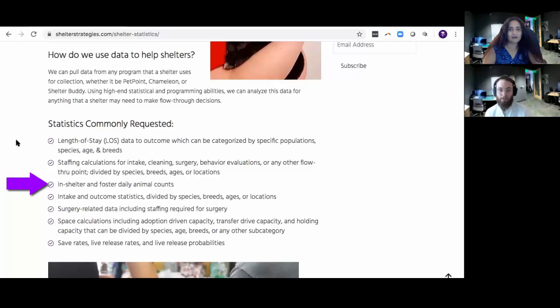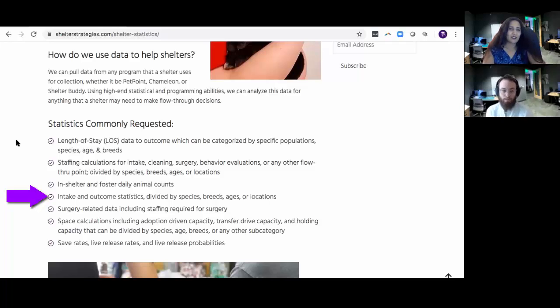And so we're able to look back at that data and even break it down further into those different groups to be able to say, oh, back on this date, this percentage of the population of the shelter was comprised of this intake group or this outcome group.